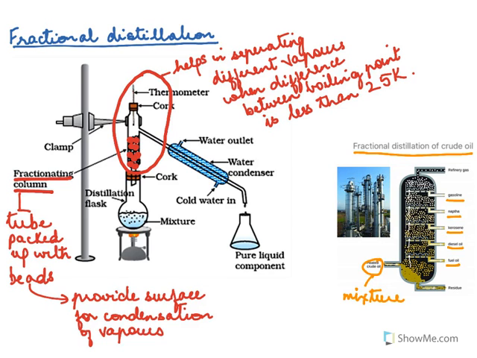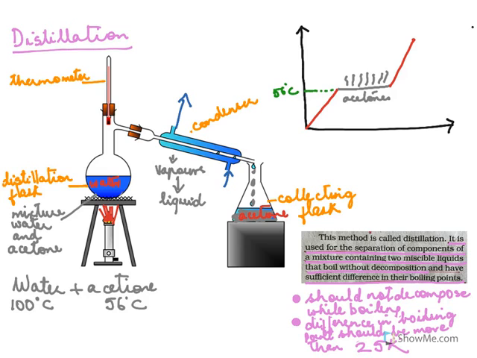All these vapors come out of the fractionating column at different points. The one with low boiling point will be up here, and the ones which have high boiling point will emerge in the lower part of the fractionating column. So fractional distillation is used to separate crude oil into its different components.